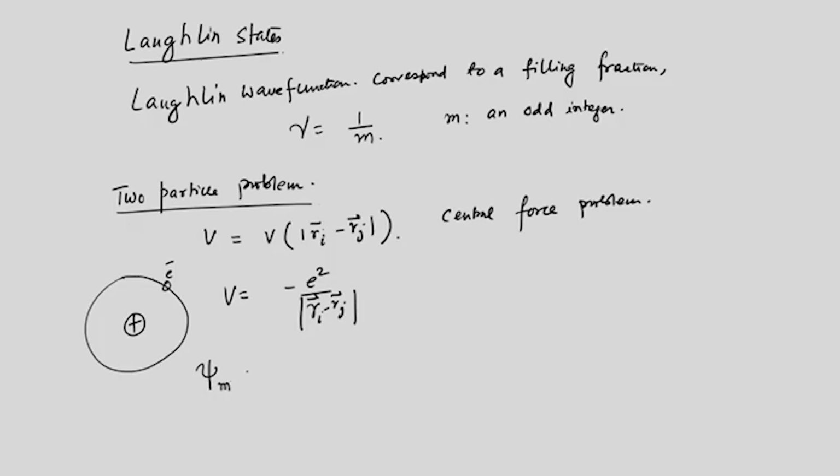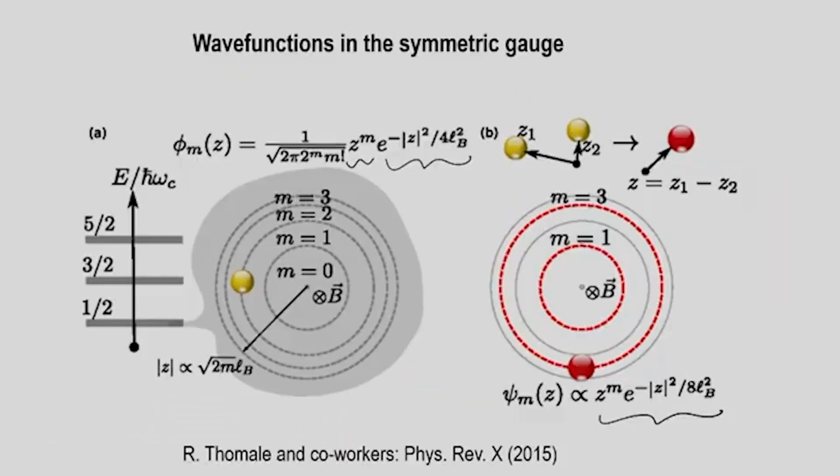The angular momentum being a good quantum number, we write down the angular momentum as Jz, which is the z component of the angular momentum, and this is written as some z to the power m and e to the power minus z square by 4 lb square. And this is something that we have discussed earlier, that these Landau levels within a symmetric gauge will have a wave function which goes as that, and this is what we have shown you in this picture.